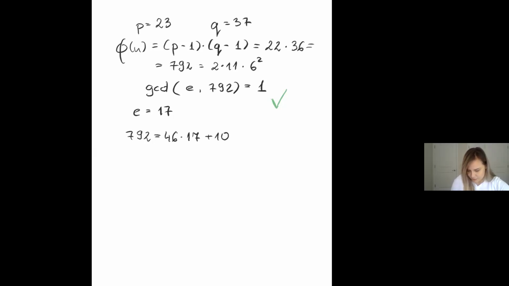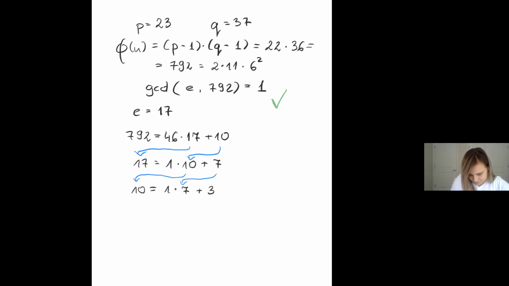Now we move to the next line. 17 and 10. So 17 can be written as 1 times 10 plus 7. Then 10 we can represent as 1 times 7 plus 3.